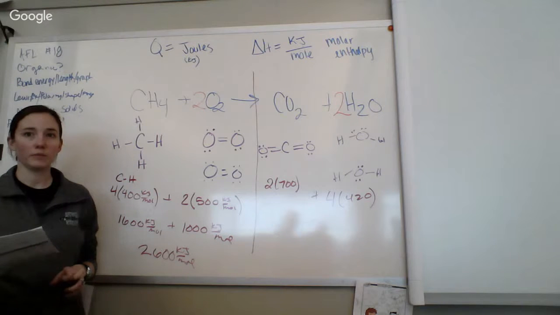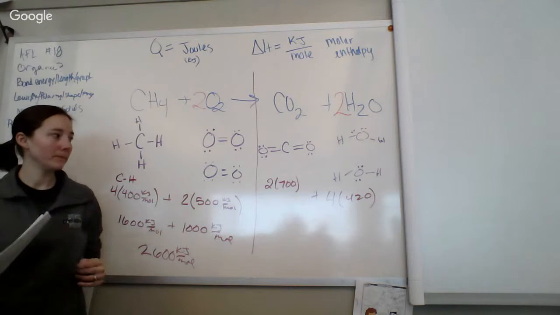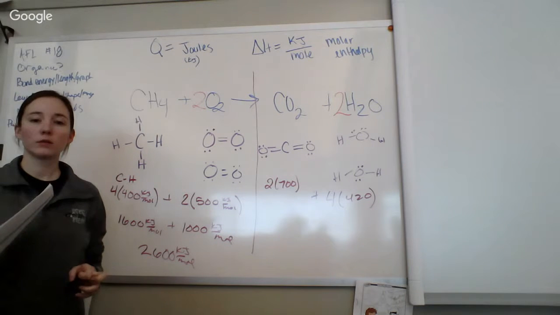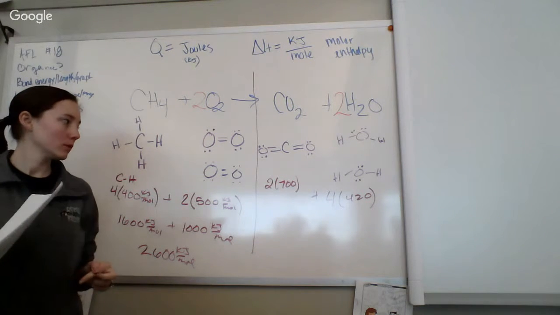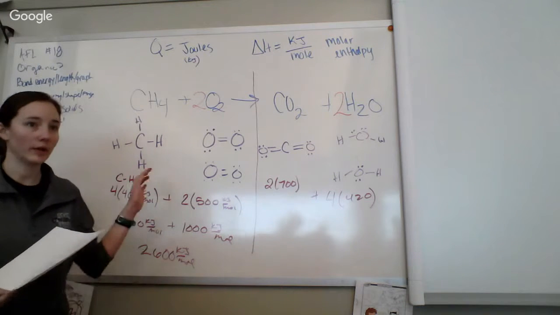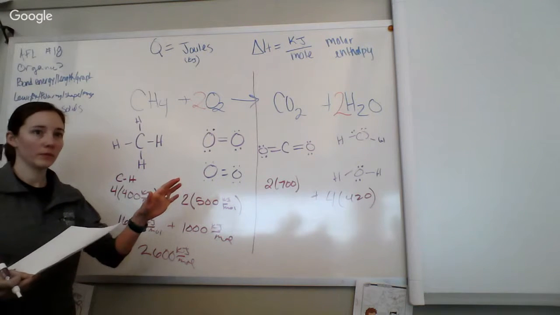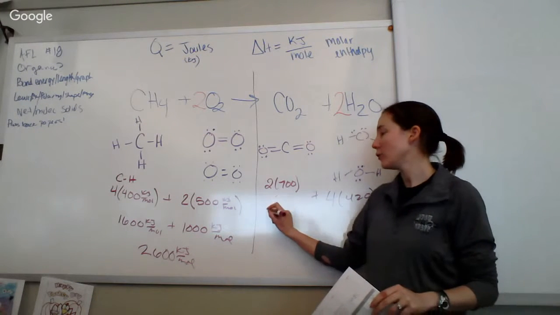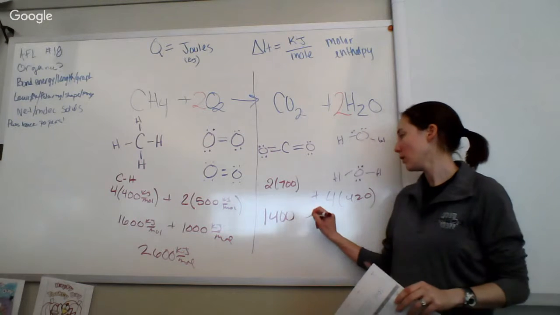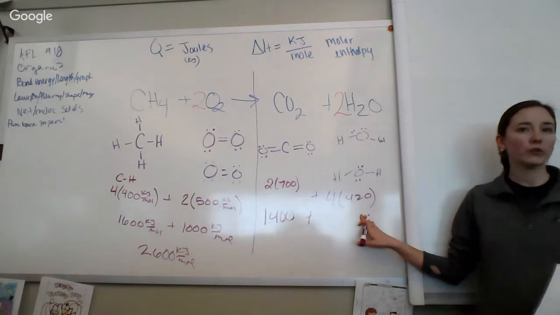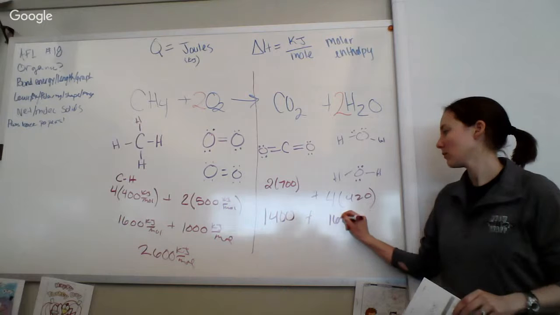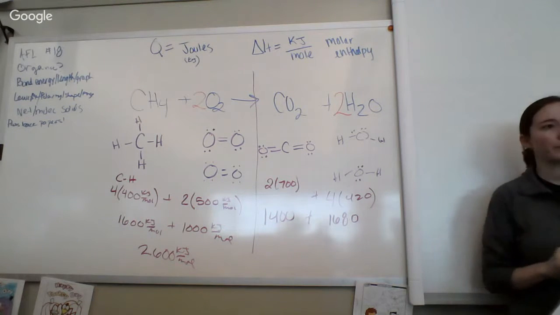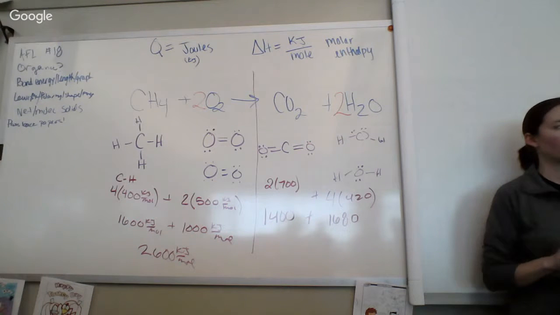So far, so good. Questions on what I've done so far? No? Okay. So then I'm going to sum these together. So 2 times 700 is going to give me 1,400. And then 4 times 420 gives me 1,680. Correct? So far, so good.